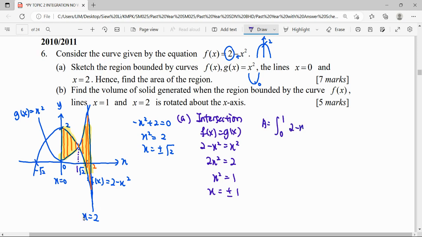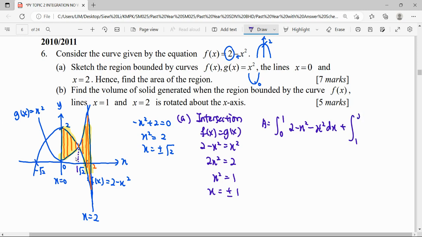So therefore our area will start from 0 up to 1, where the graph above is f(x), so it will be 2 minus x squared, then minus the graph below it, which is g(x), x squared. Then plus, we continue with another region after 1.